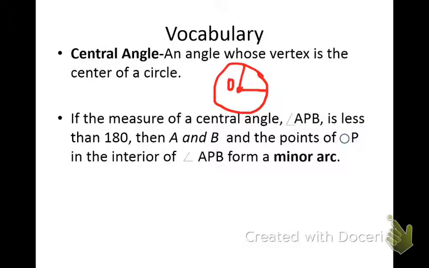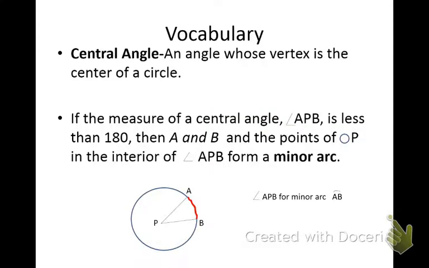If the measure of a central angle APB is less than 180, then A and B and the points of circle P in the interior of angle APB form a minor arc. All right, so this would be a minor arc. So arc AB in this picture is a minor arc.